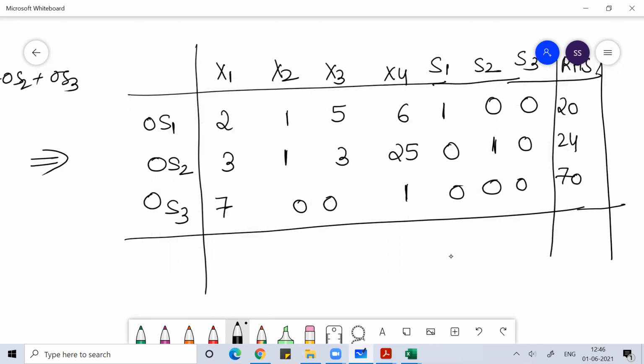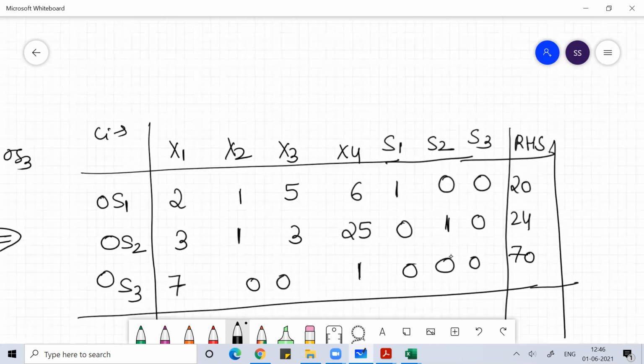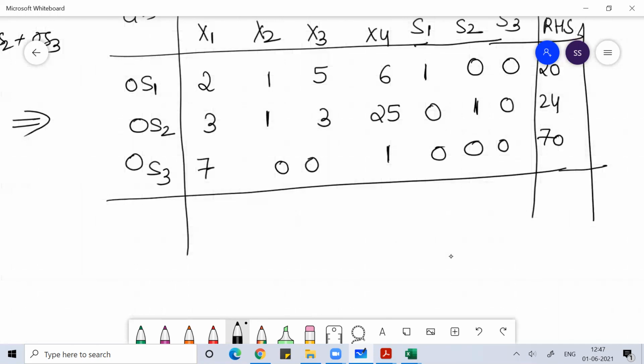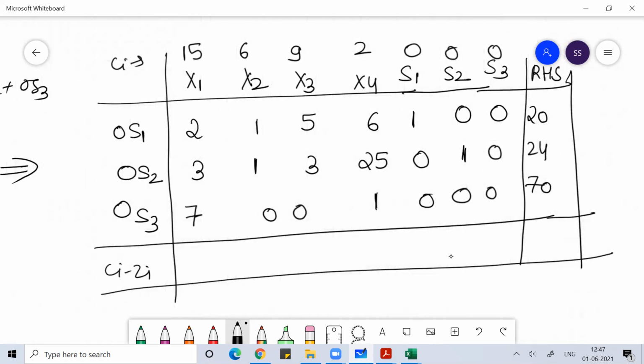Now the Ci values are 15 for x1, 6 for x2, 9 for x3, 2 for x4, and 0, 0, 0. You know that Zi will be 0 only, so I'm writing Ci minus Zi directly, with the same coefficients 15, 6, 9, 2, 0, 0, 0.